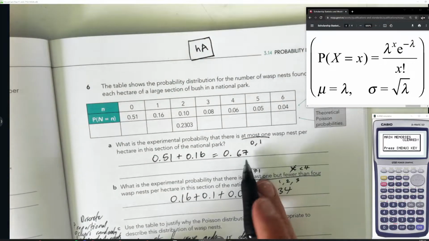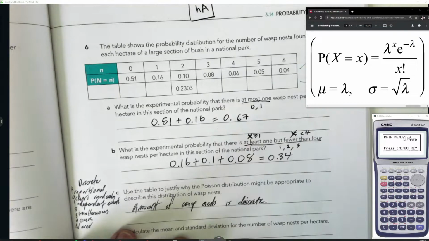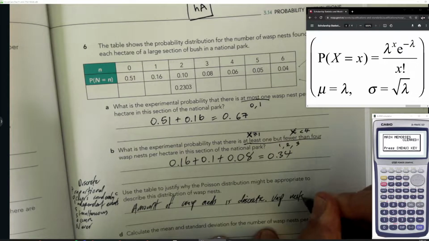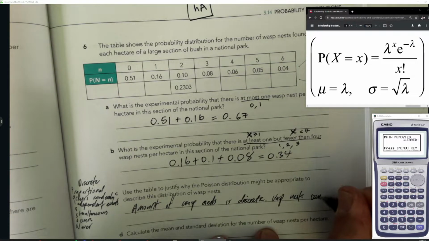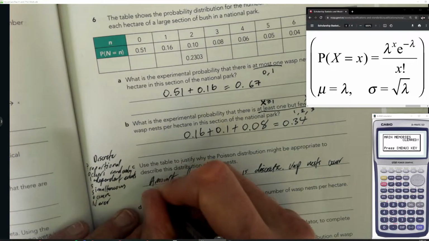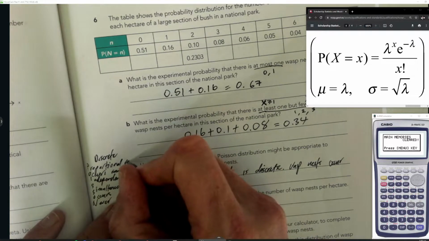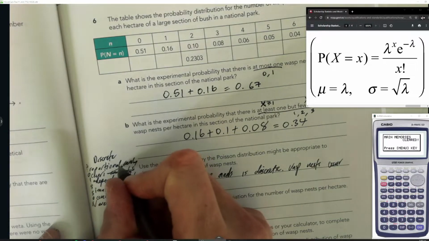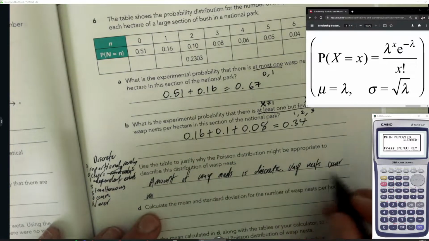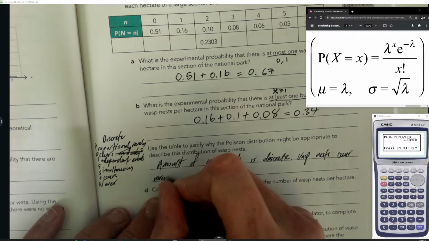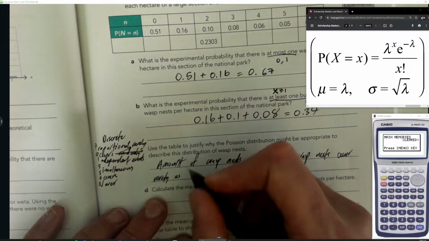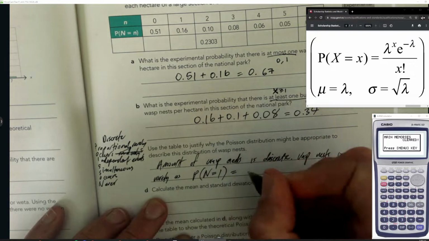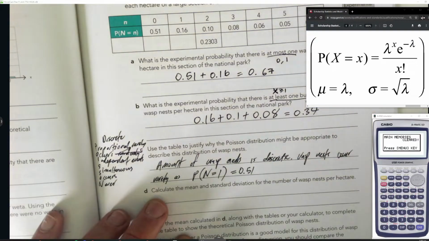So we could even use this fact here. Wasp nests occur, oh sorry, this should be rarely. Yeah, that's the problem with mnemonics. Wasp nests occur rarely, as P(X = 0) is equal to 0.51.